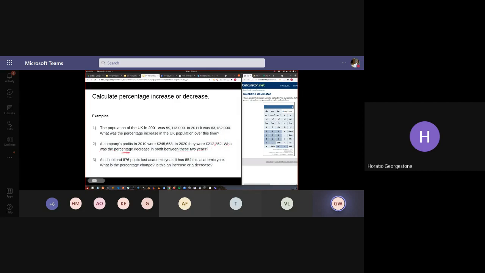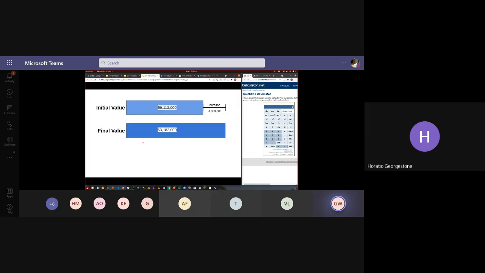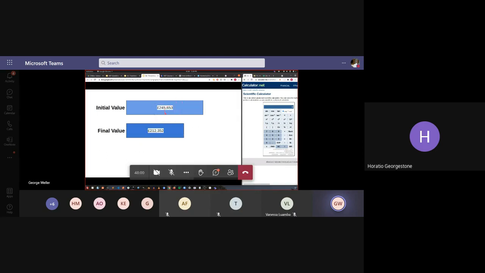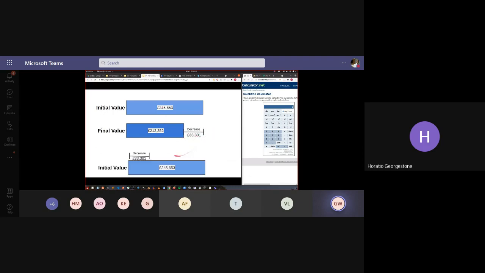What was the percentage decrease in profit between these 2 years? So applying that onto our little diagram, that was the initial amount, that was the final amount. The decrease, we just work out the difference. So just this minus this, and you'll get this amount. And then we work out what percentage is that of the initial amount.